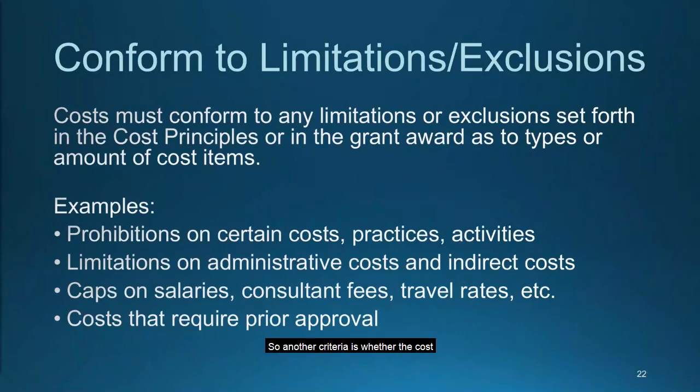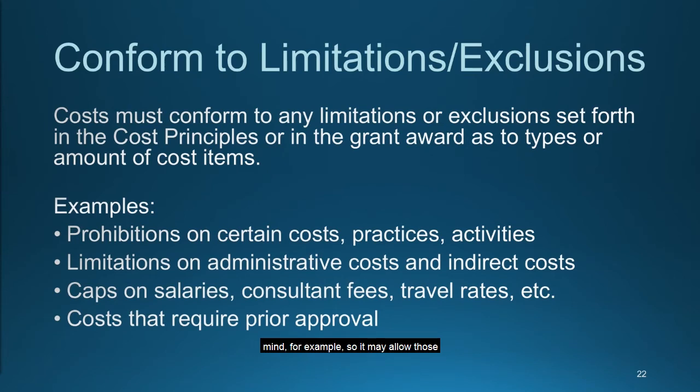Another criterion is whether the cost conforms to limitations or exclusions. So your administrative cost limits, prior approval requirements, the Uniform Guidance and UGMs on selected items of cost will sometimes specify limitations, limiting the extent to which a cost is allowable or not allowable. Idle facilities and idle capacity come to mind, for example.